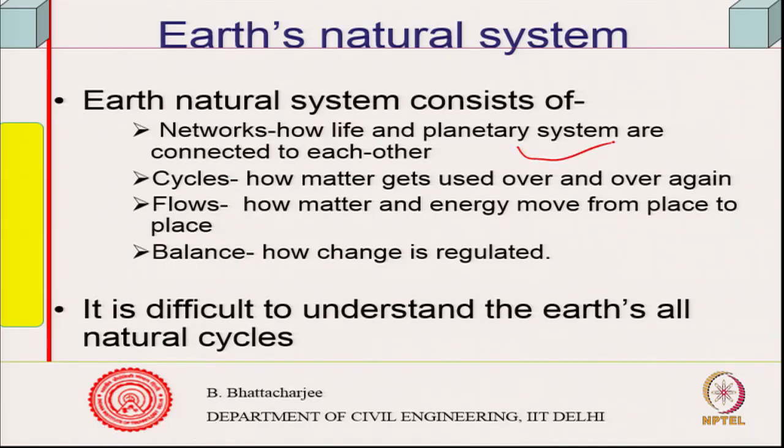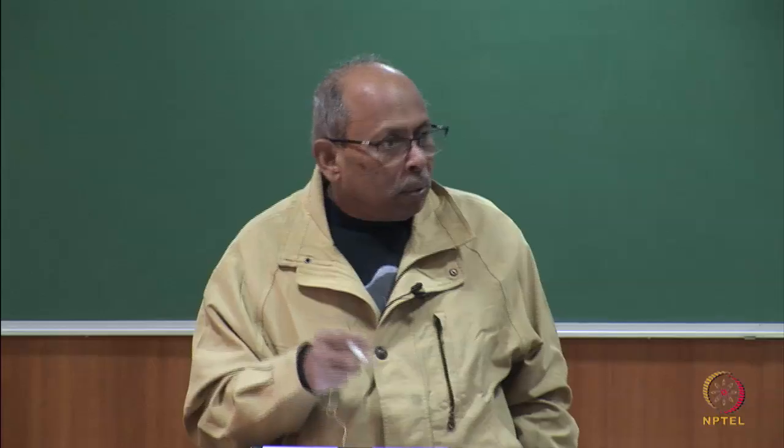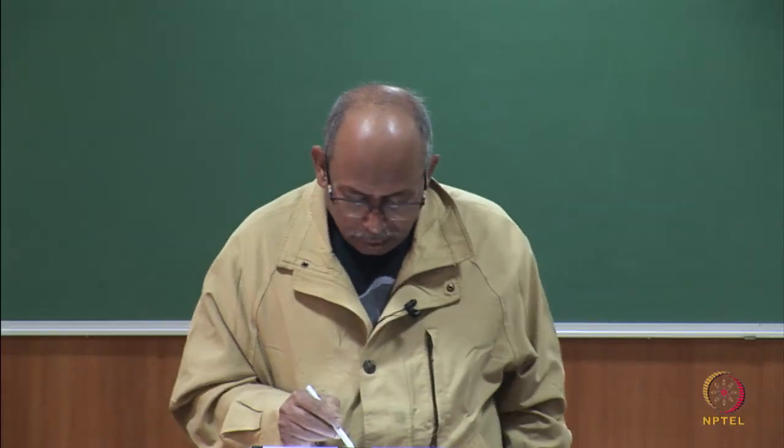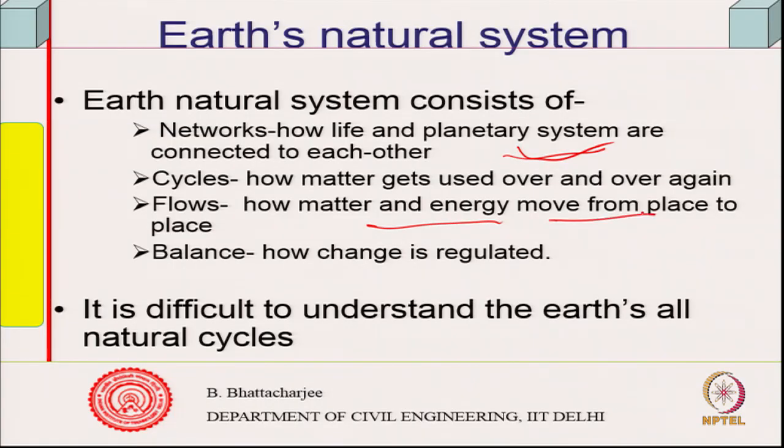So, the natural system of Earth consists of life and planetary systems, and they are all connected to each other. Cycle means how much you can use over and over again, and energy and matter flow in nature, in the overall system, and there is a balance.